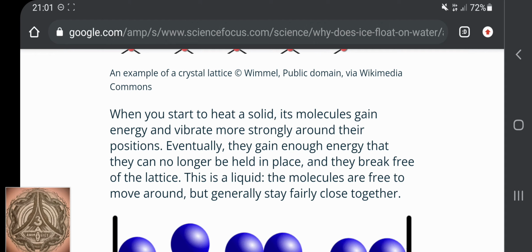When you start to heat a solid, its molecules gain energy and vibrate more strongly around their positions. Eventually, they gain enough energy that they can no longer be held in place and they break free of the lattice. This is a liquid. The molecules are free to move around but generally stay fairly close together.